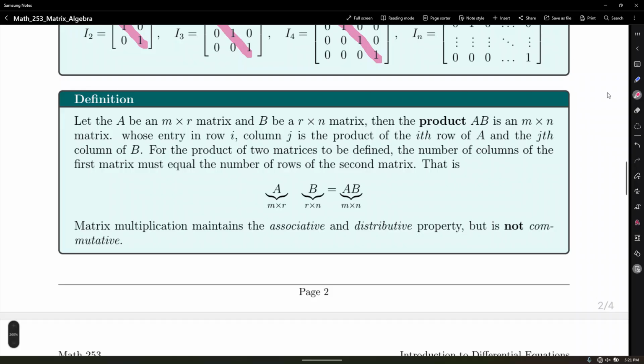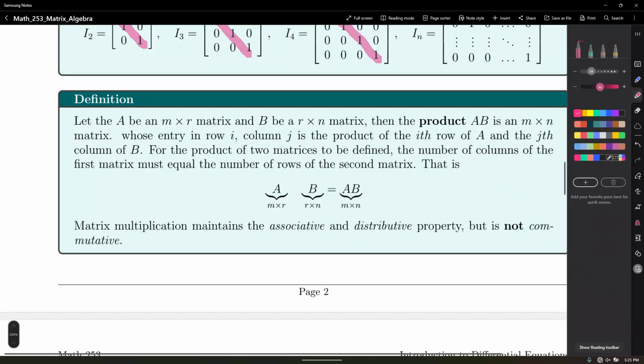That is, if we have an m by r times an r by n, for instance, these two must be the same. If you have different numbers, that is, the number of columns in the first matrix is different than the number of rows in the second matrix, then the multiplication is undefined.